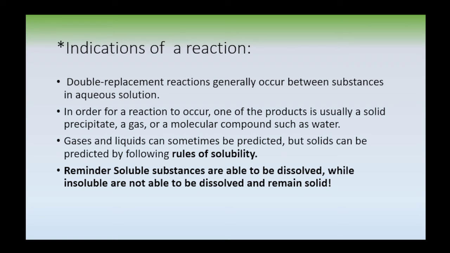But solids can be predicted by following the rules of solubility that we have looked at so far. Reminder, soluble substances are able to be dissolved, while insoluble are not able to be dissolved, aka they remain solid. Soluble is aqueous. Insoluble substances are solid.